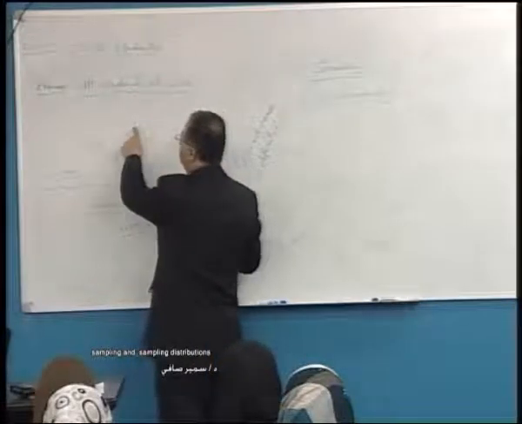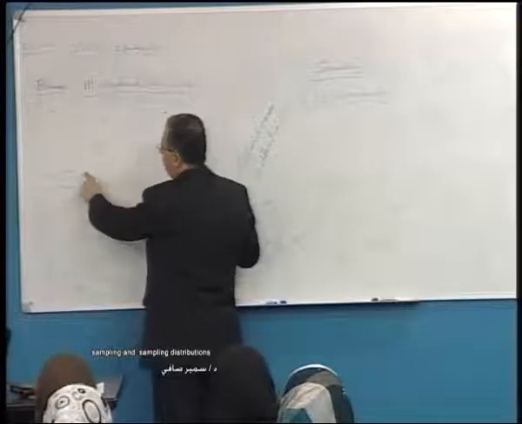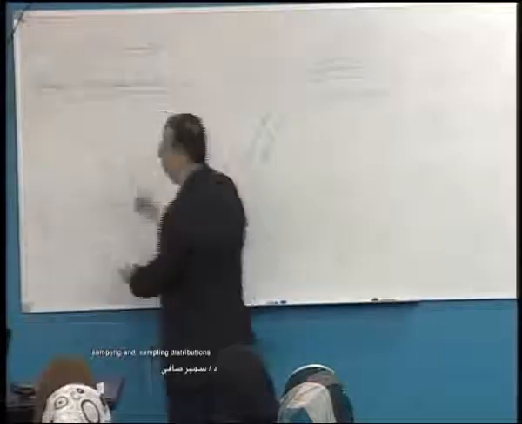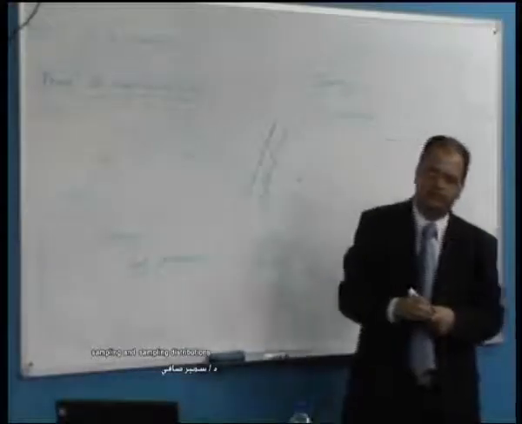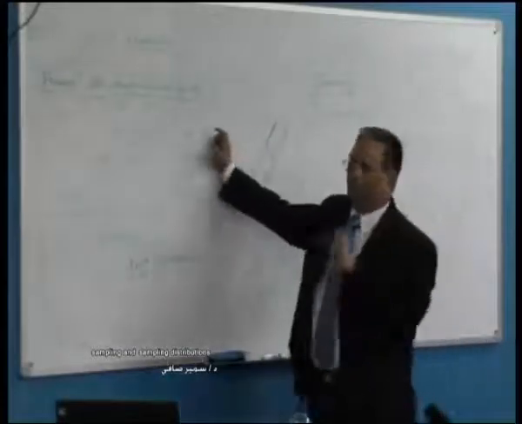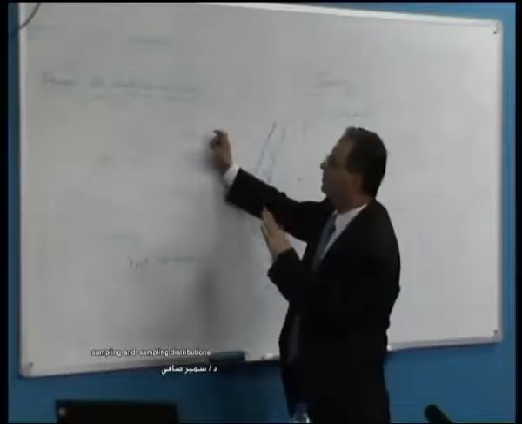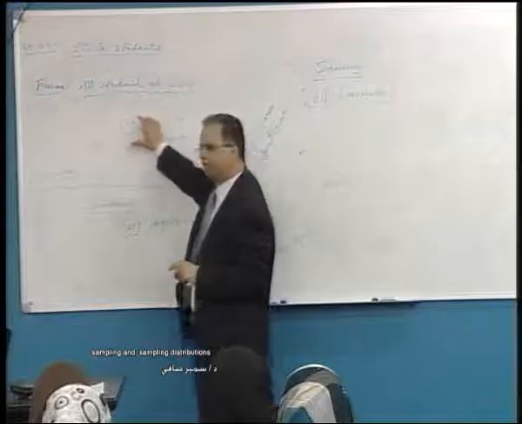Now 70% for females, so I have to choose 700 females and the remaining 300 males. So in this case, I choose my samples according to their probability.